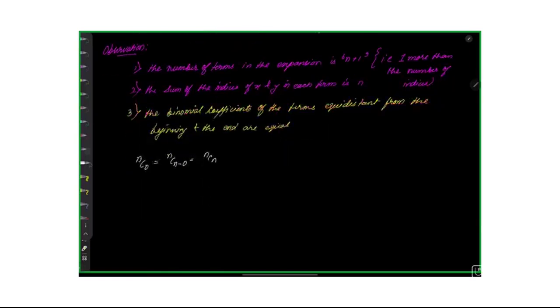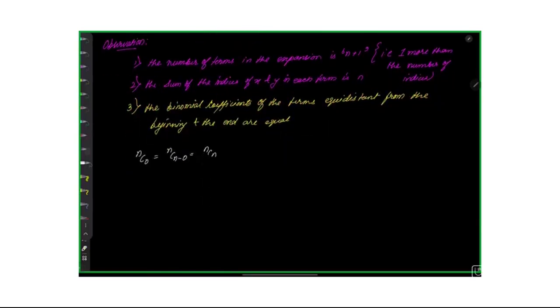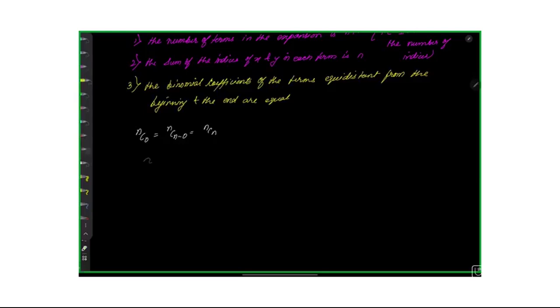Okay, now let's move to the next formula. Next observation. Symbol nCr can also be denoted as nr, or C(n, r), or nCr.